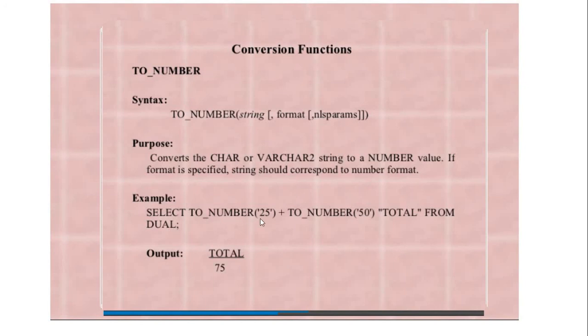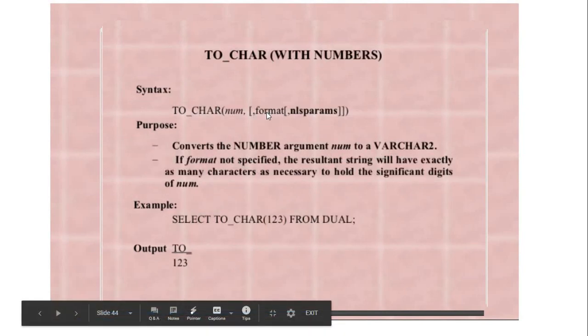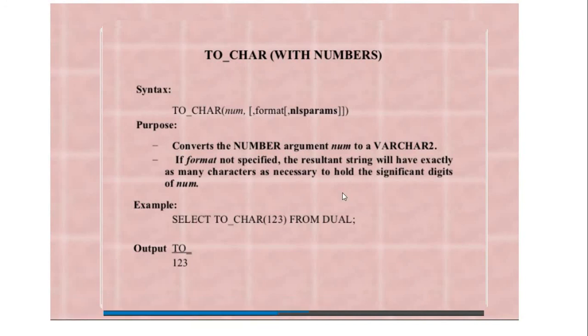So toNumber can be used here. Again, there is another string, that is 50, and we want to convert it again into a number. Here you can see that after converting these two strings into numbers, we are applying some arithmetic calculation there.